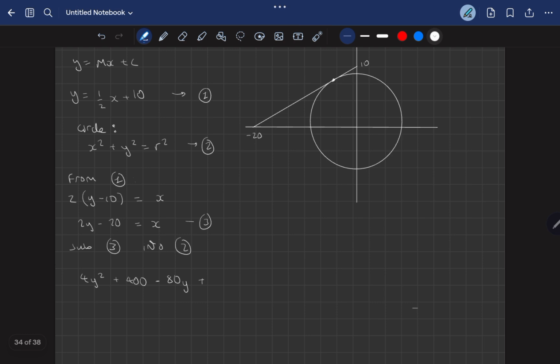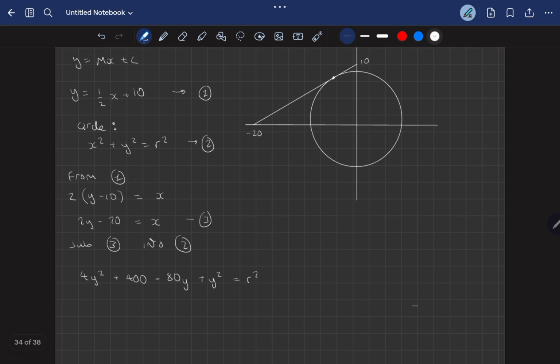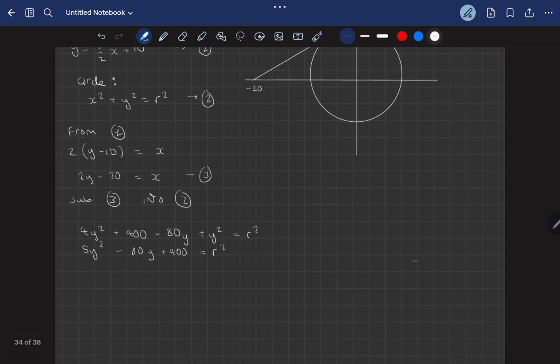Now I'm going to have to add the y squared, and this is going to be equal to r squared. So I've got 5y squared minus 80y plus 400 is equal to r squared. Bring everything to one side: 5y squared minus 80y plus 400 minus r squared is equal to 0.